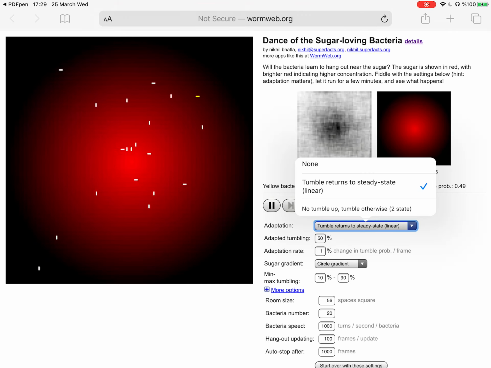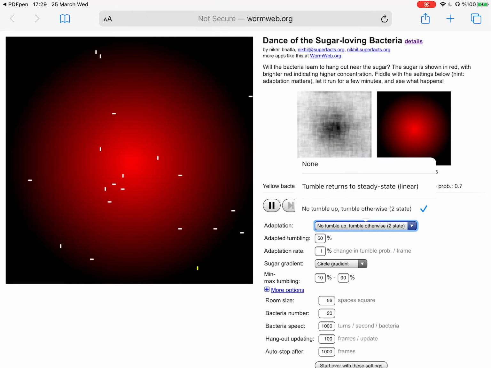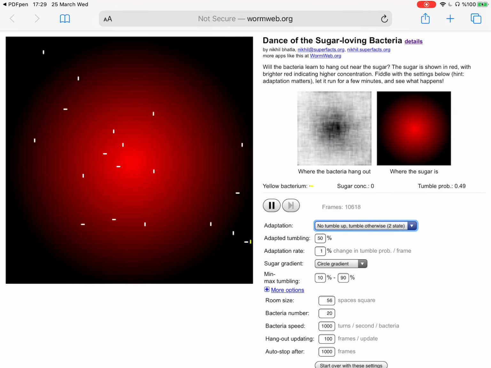He calls it no tumble up, tumble otherwise, a two-state adaptation, but it's actually pretty close to what we're going to talk about in terms of perfect adaptation. So you can always look at the details here. He goes through all the algorithm.